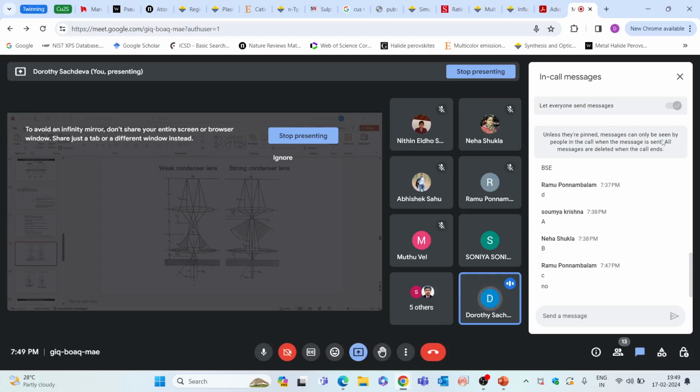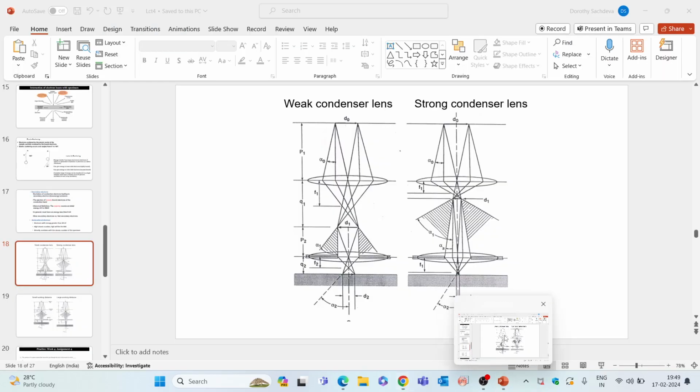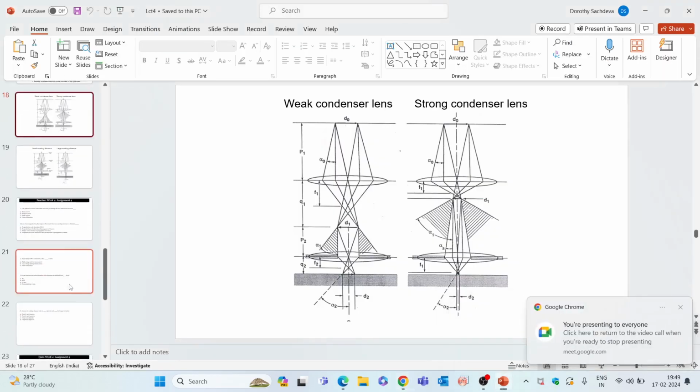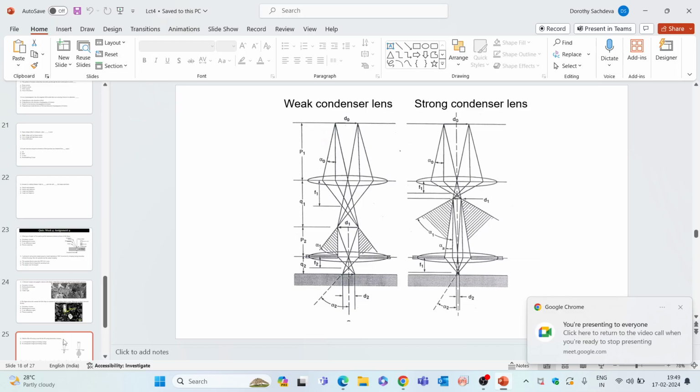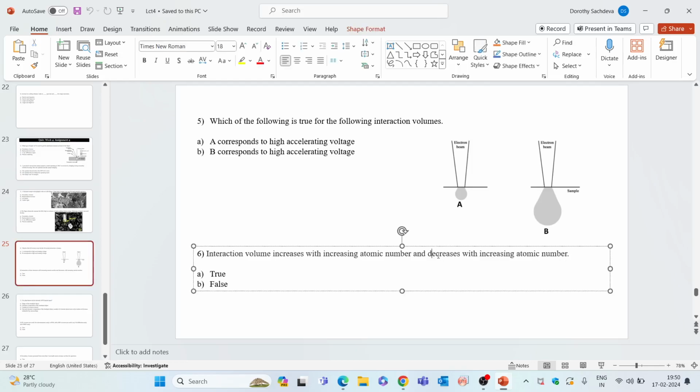That question says both the statements. I guess there is some misprinting error in that question. They are saying that the interaction volume increases with increasing atomic number, and the interaction volume decreases with increased atomic number. The second statement is correct.